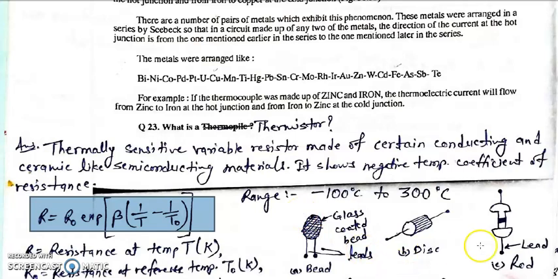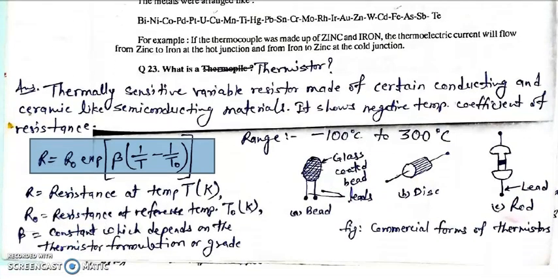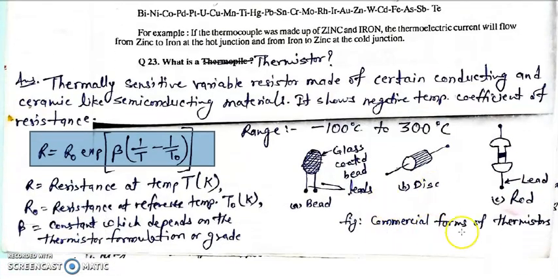Now here you are able to watch the different shapes which are commercial forms of thermistors. What you are watching on this page is visible, but these thermistors are of very minute size.